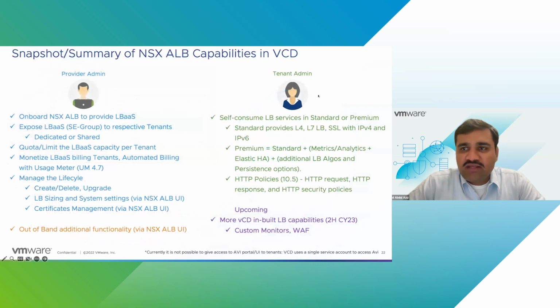And just to give a summary of what a provider can do and what a tenant can do today: a provider can use NSX ALB as LBaaS, Load Balancer as a Service, in dedicated or shared mode across their tenants. They can set quotas and limits per tenant, do monetization with automated billing through the integration with Usage Meter starting with 4.7, and also manage the life cycle of the NSX ALB.